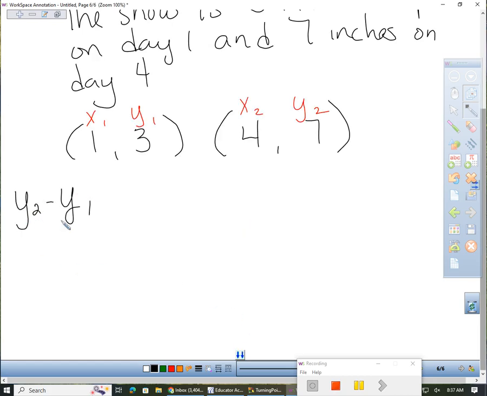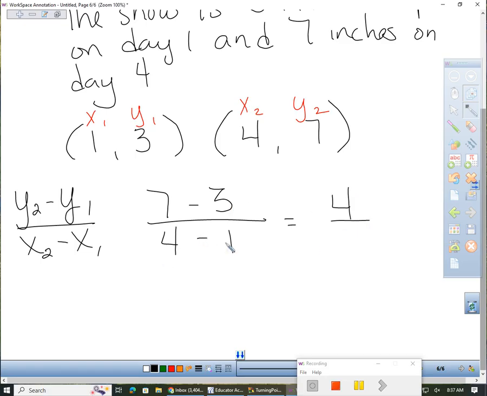So now we're going to put it into that same exact equation. y2 minus y1 over x2 minus x1. y2 is 7 minus y1, which is 3, over x2, which is 4, minus x1, which is 1. 7 minus 3 is 4. 4 minus 1 is 3.